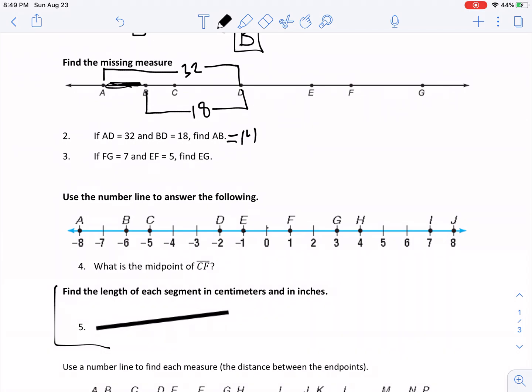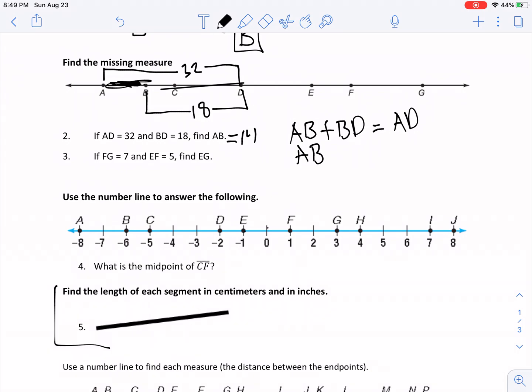Okay, well, let's say that doesn't make sense to you. Algebraically, by the segment addition postulate, we know that AB's distance plus BD's distance equals the total distance AD. AB plus BD equals AD. Well, we already know what two of those measurements are.